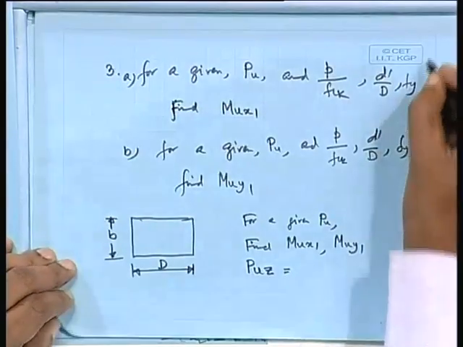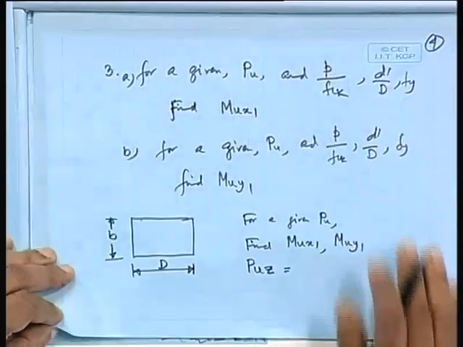So, when I choose a section and the area of steel or P by FCK, on that basis I can find Mux1 for a given Pu, Muy1, and also Puz, the maximum axial load capacity. All of them I can find out. If I get that, now I shall do a check.